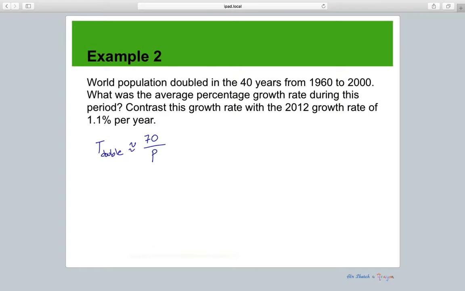So with that in mind, I can isolate p. I'm going to multiply both sides by p. So now I have p times T double is about equal to 70. And then I can divide both sides by T double.